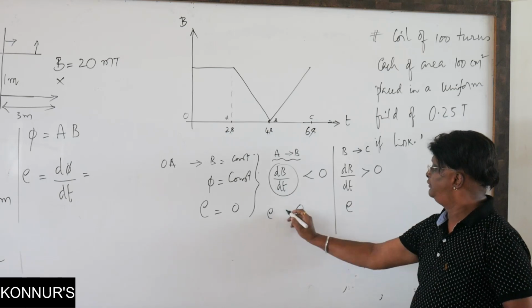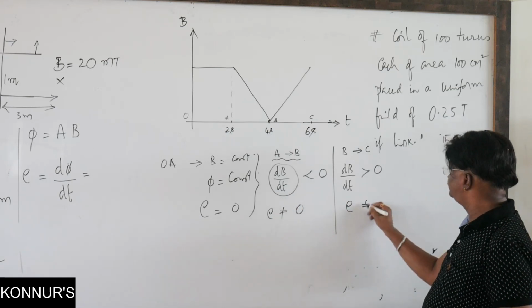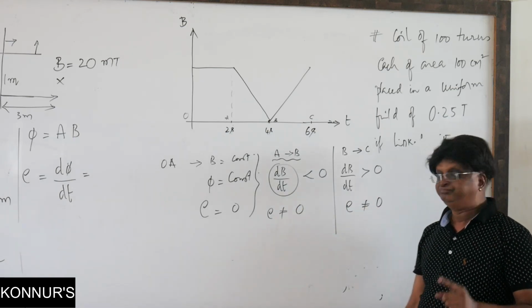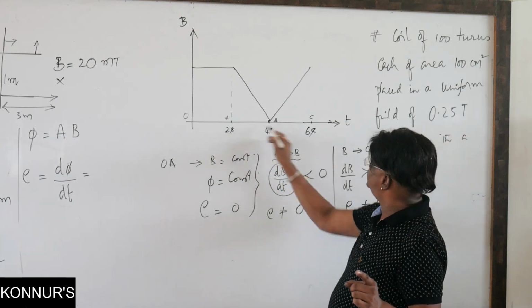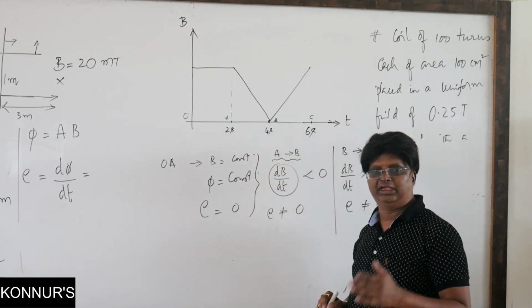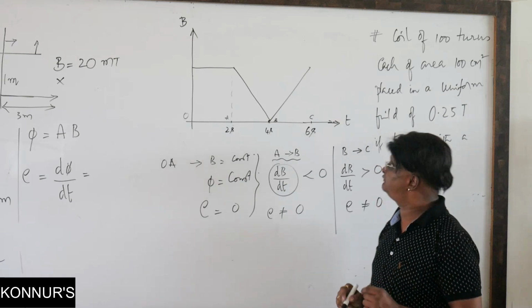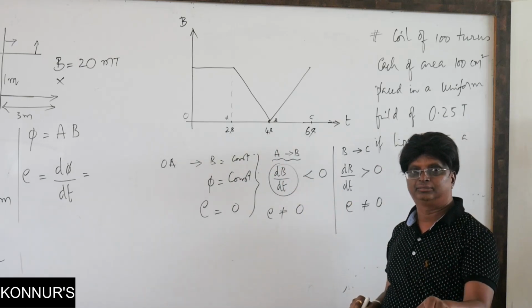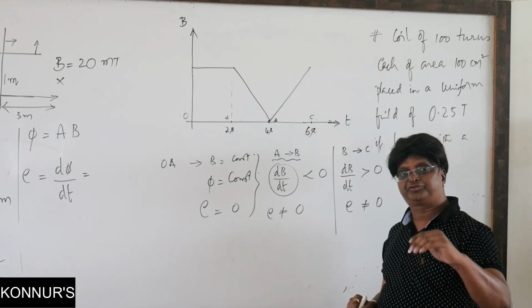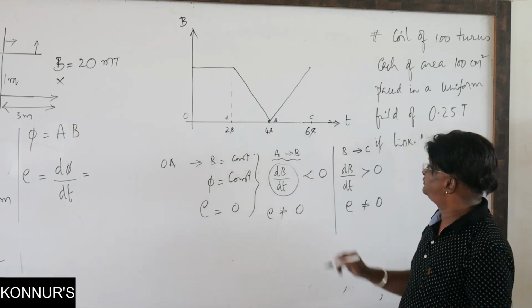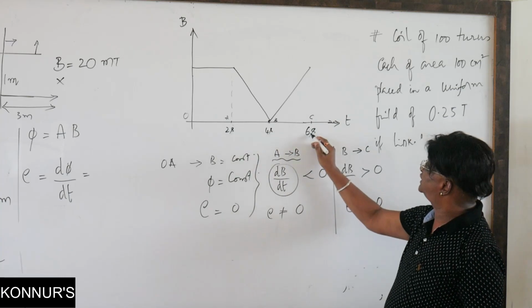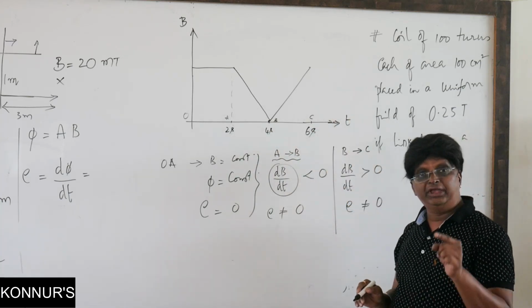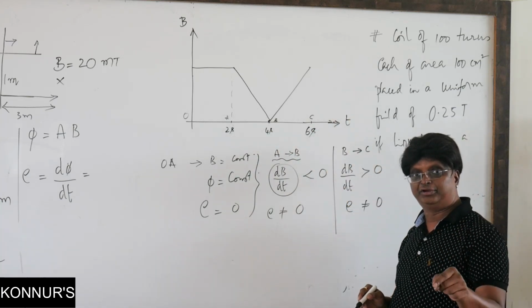Again E, I will say here not equal to 0, here also not equal to 0. So from 2 seconds to 6 seconds we have induced EMF, but with a difference. From 2 to 4 seconds it is decreasing magnetic flux, and therefore the induced current has to increase the magnetic flux, whereas from B to C, from 4 to 6 seconds, it will be vice versa. Therefore the induced current is reversing in direction, do remember.